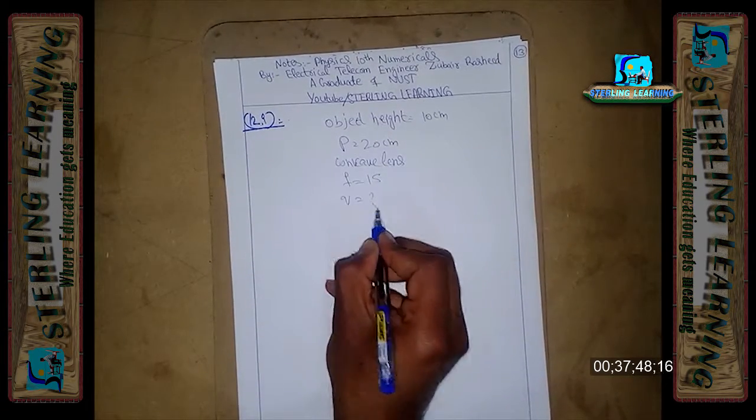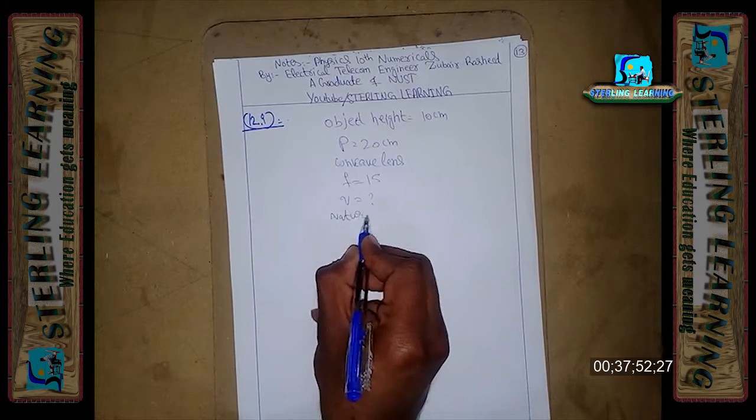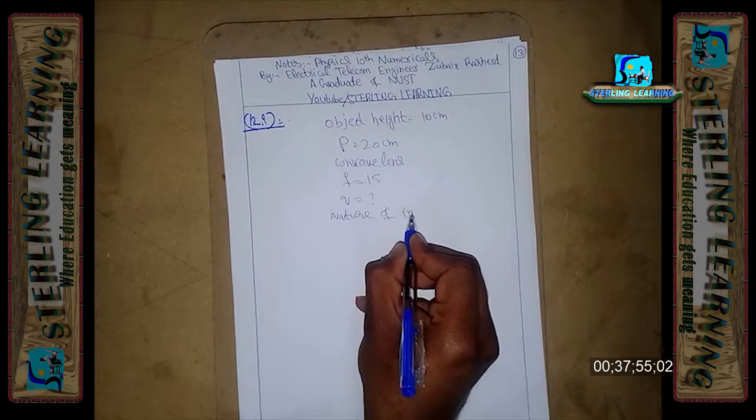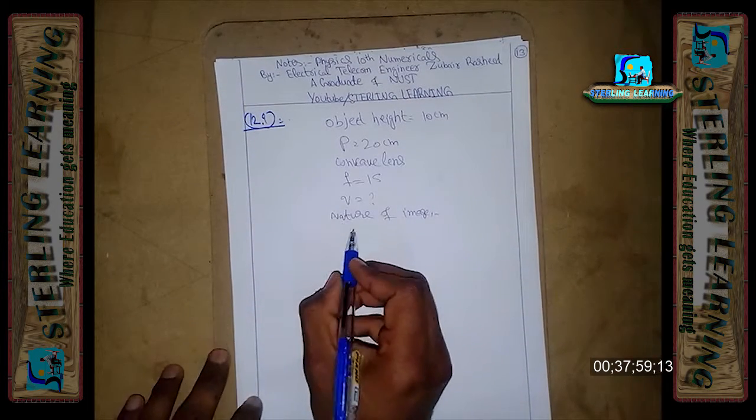Q फाइंड करना है और नेचर ऑफ इमेज भी बतानी है.